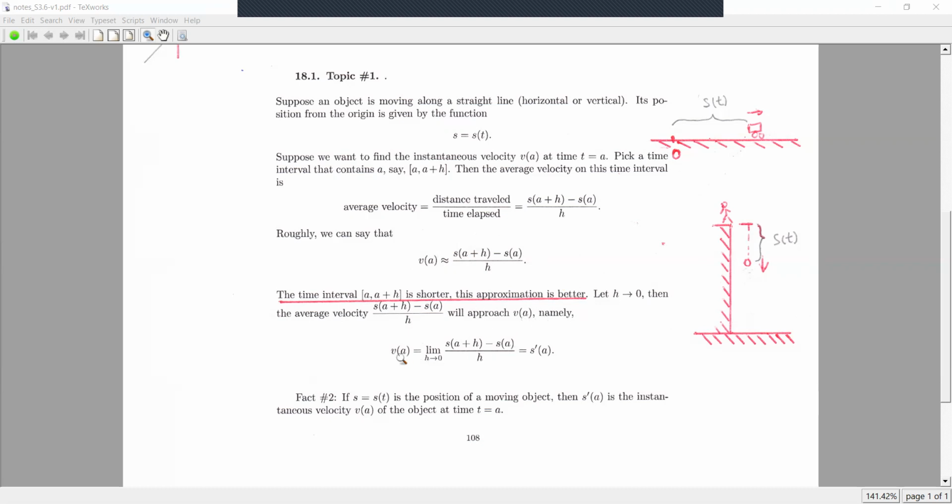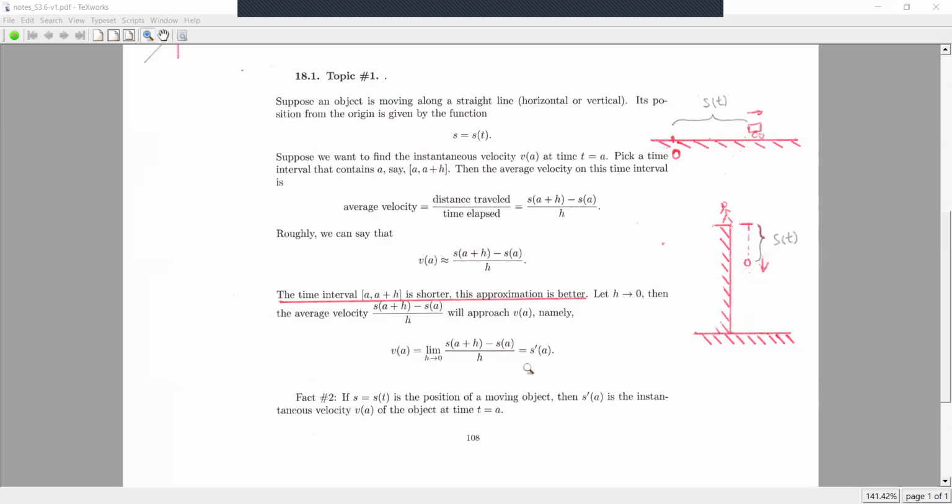In other words, instantaneous velocity at time a is the limit of this quotient. Recall the definition of derivative. This limit is the derivative of the function s at a.